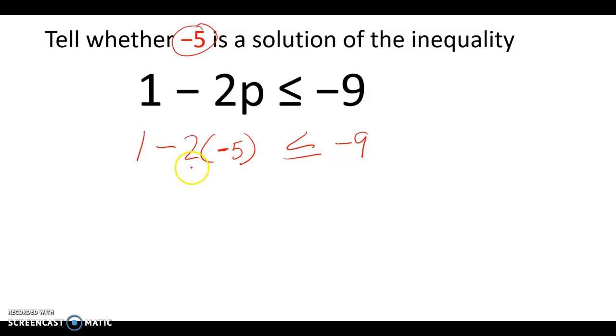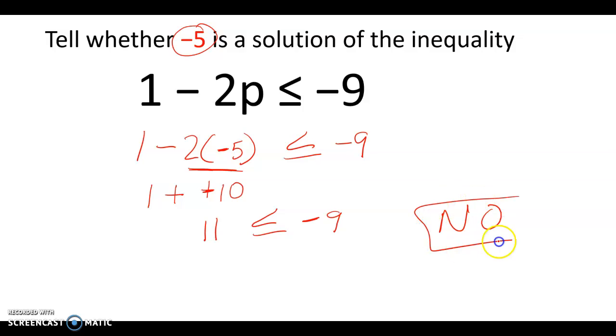Otherwise, you have to do order of operations, which is 2 times negative 5, which is negative 10. Then 1 minus negative 10 would be 11. Is 11 less than or equal to negative 9? No, it is not. It is greater than negative 9.